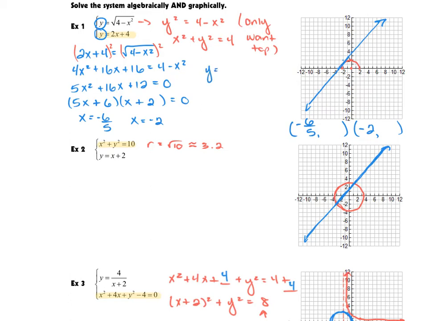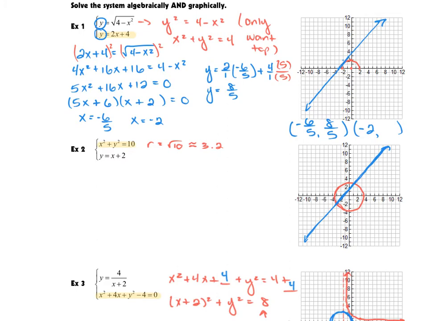So I'm going to say y equals 2 over 1 times negative 6/5 plus 4. I'm going to put that over 1, multiply my top and my bottom by 5. And I'm going to get a negative 12 plus a 20. So I'm going to get 8/5. Okay, so I can put that value down here as my 8/5.